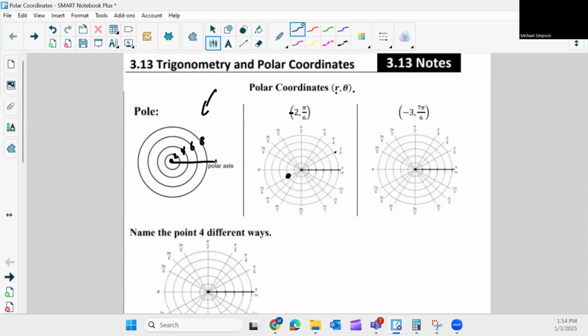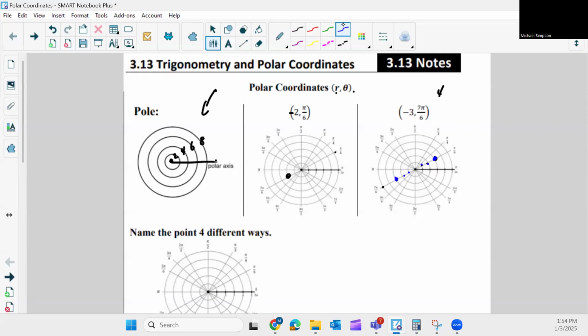Let's look at this one: negative 3, 7pi/6. I find 7pi/6, that's the angle right here. Now I count 3 units away, in the opposite direction, so 1, 2, 3. That's the marked point. If this was a positive 3, I would have gone 1, 2, 3 right there. But it's negative, so I go in the opposite direction. That's how we handle a negative r value.